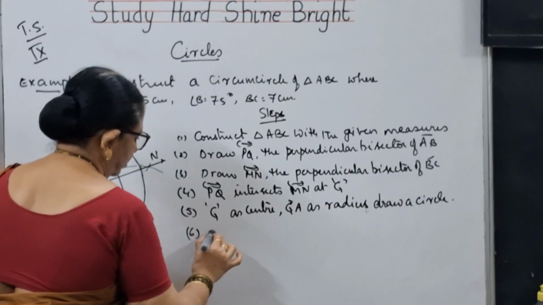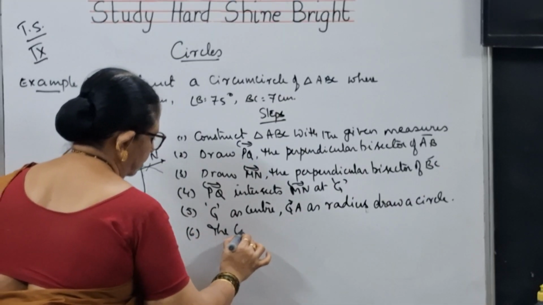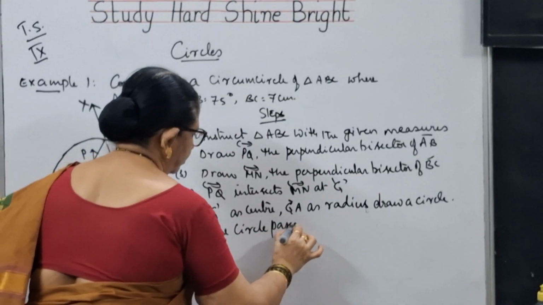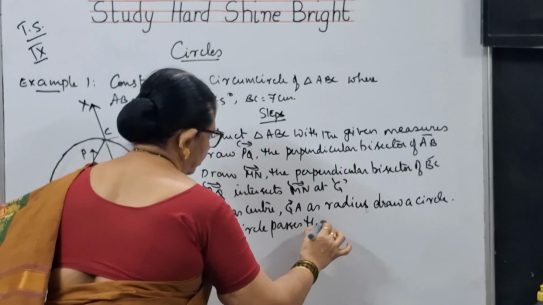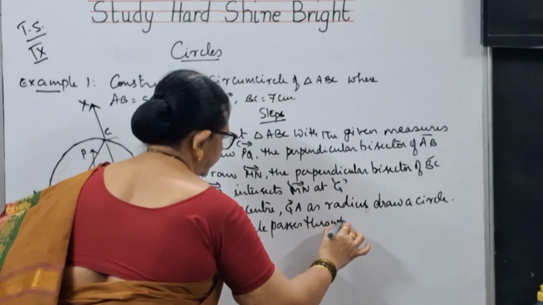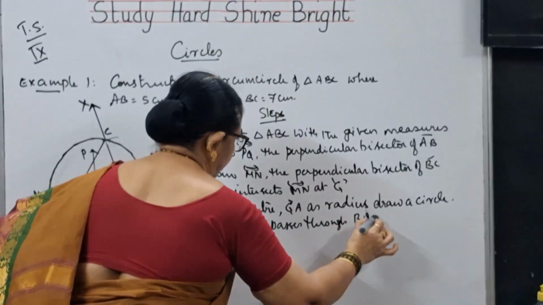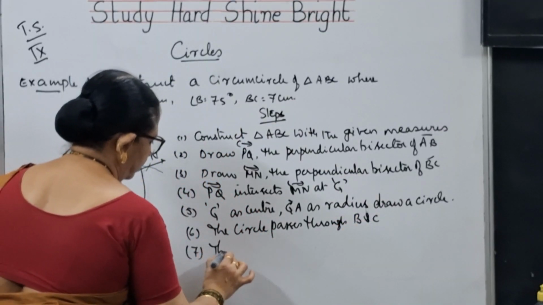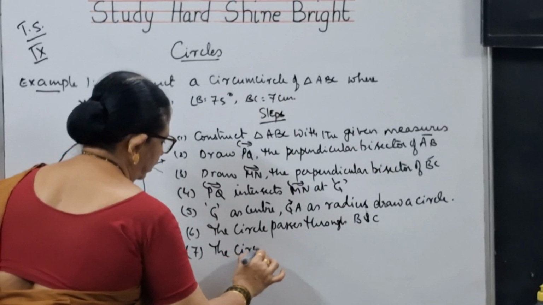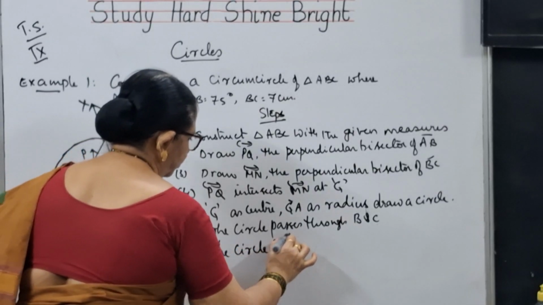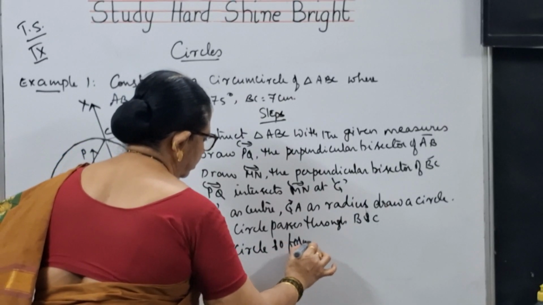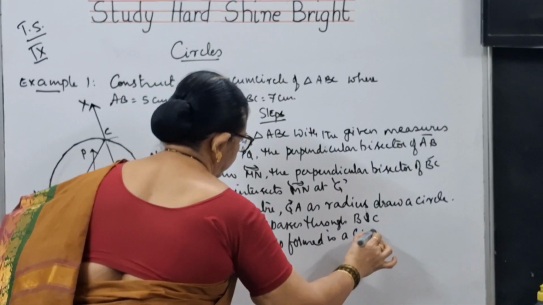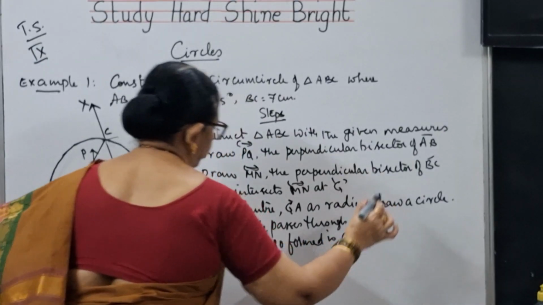Sixth point, the circle passes through B and C. Seventh point, the circle so formed is a circumcircle.